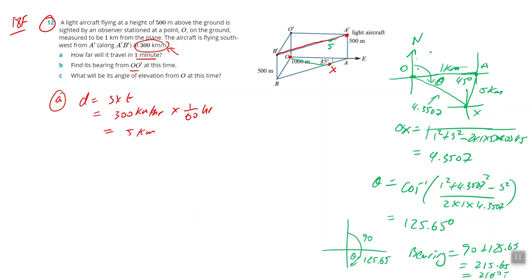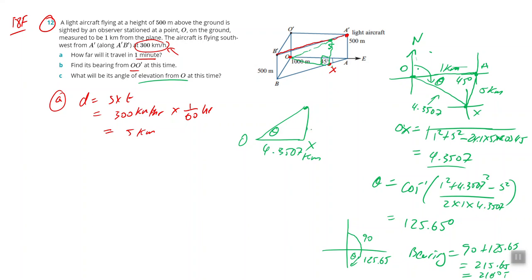Now the next part is, what is the angle of elevation from O at this time? If I draw a line from O to where the 5 is, and draw a right angle triangle, what's the angle of elevation from OX to the top? That's theta. We know OX, which we just calculated, is 4.3507 kilometers.